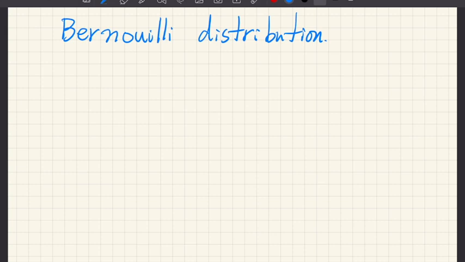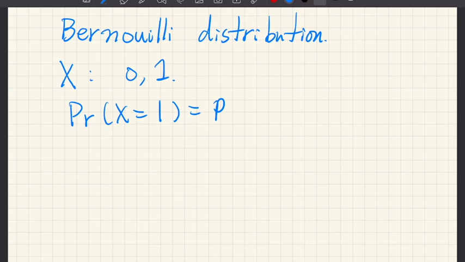This distribution is defined by this random variable. It's a distribution of this random variable. X is a random variable that is either 0 or 1. And the probability that x is equal to 1 is given by p, where p is between 0 and 1.